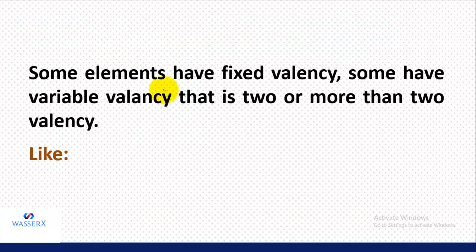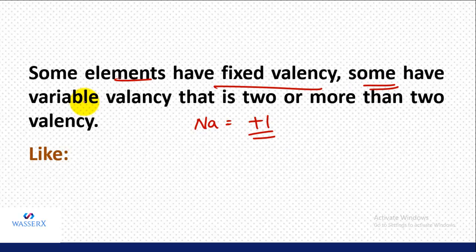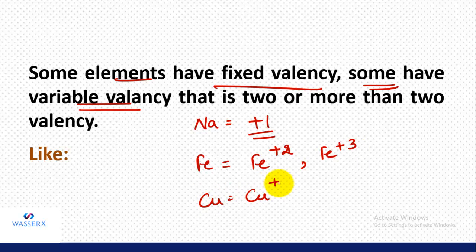And we have also seen that some elements possess fixed valency. Like if I talk about sodium, the valency is fixed, +1. But there are certain elements which have variable valency. That means they have 2 or more than 2 valencies. Like if I talk about iron, it possesses +2 and also +3. Similarly, copper also possesses 2 valencies, Cu+ and Cu2+.